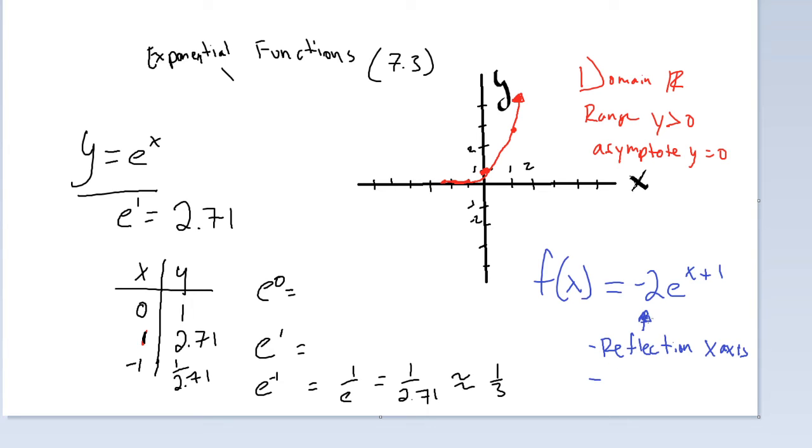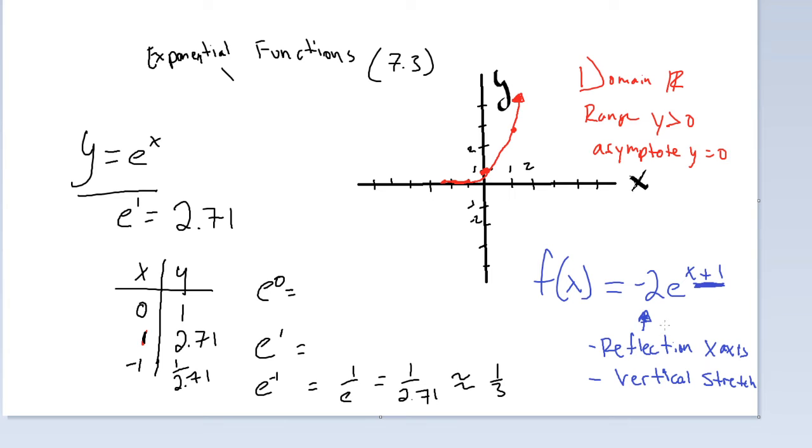And if the number on the outside is between 0 and 1, we know it's a vertical compression. But if it's more than 1, then we have a vertical stretch.